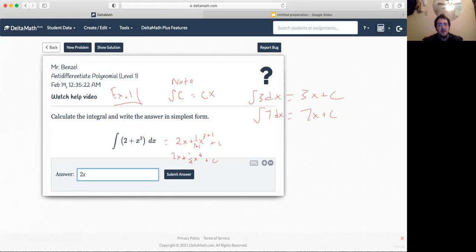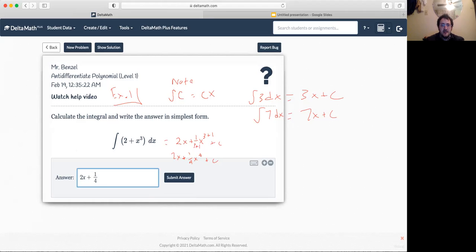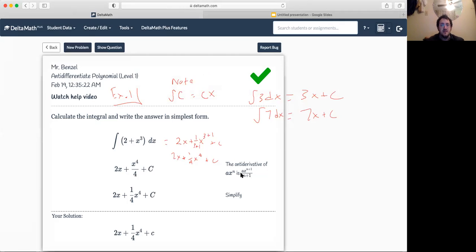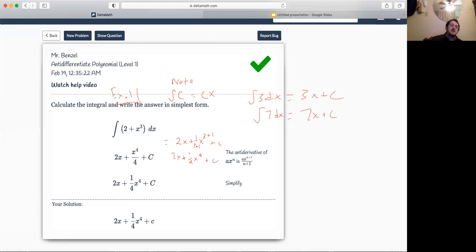So this would be 2x plus 1/4 x to the fourth, and then we'll add a plus c in there as well. And then we are good after that. A way that you could check before you even turn this in on Delta Math is to just take the derivative.